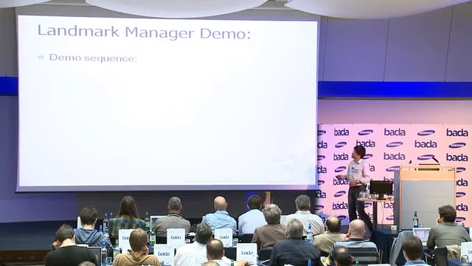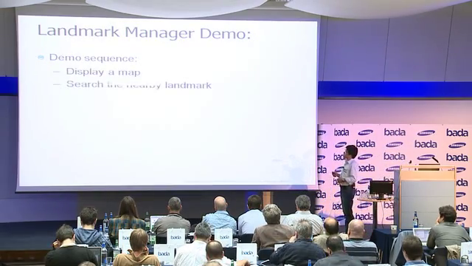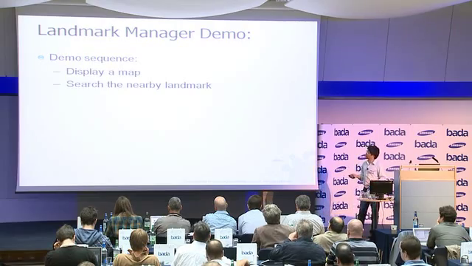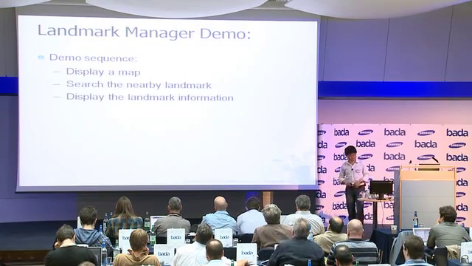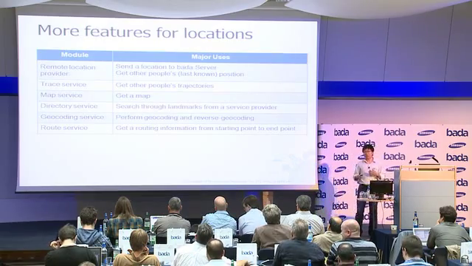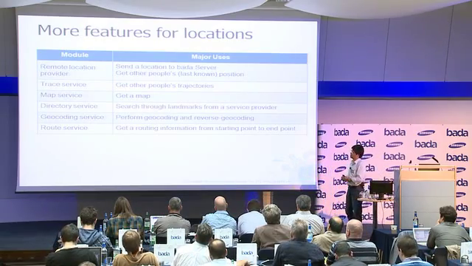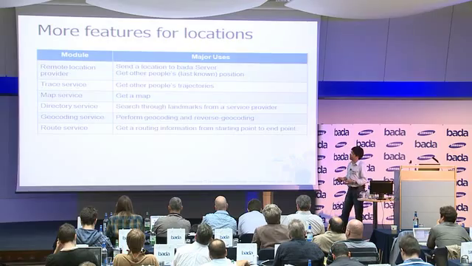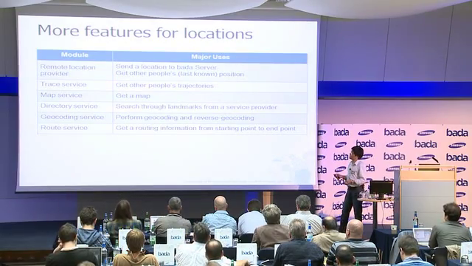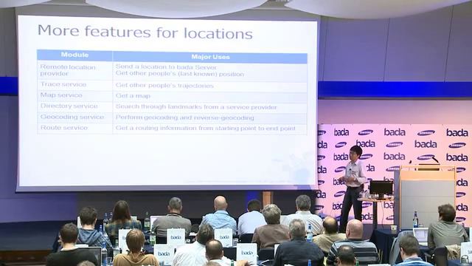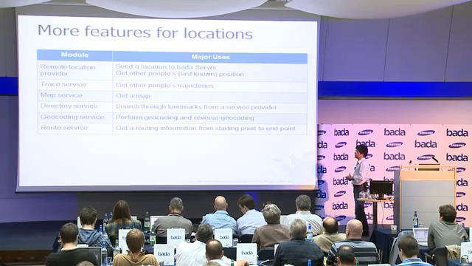Okay. So what you see here is displaying a map, searching a nearby location, the London Eye, and displaying the landmark information. So there are some more features under the location service. Actually, it's not just the landmarks. We also have a trace service, which gets people's trajectory, so whether someone is leaving a zone or coming into a zone.